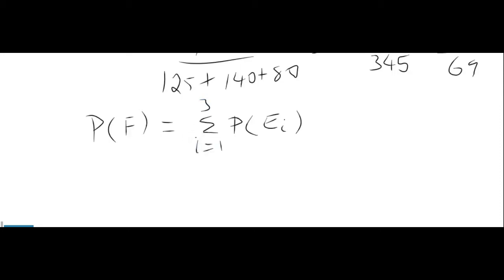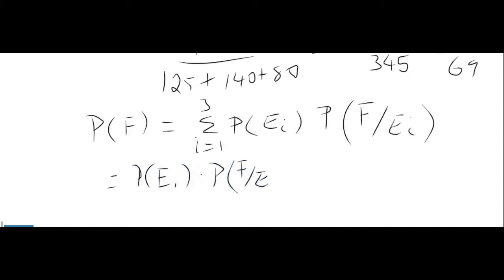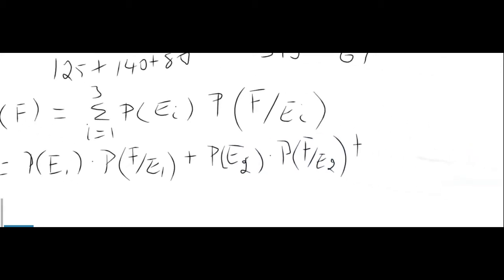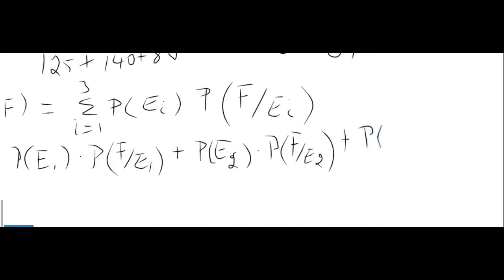It is the summation of all the probabilities, the total probability, which we already calculated: P of E1 into P of F by E1 plus P of E2 into P of F by E2 plus P of E3 into P of F by E3.